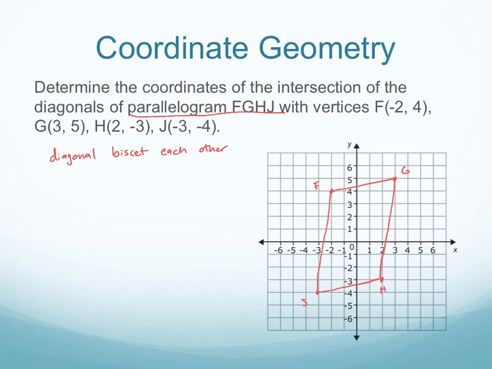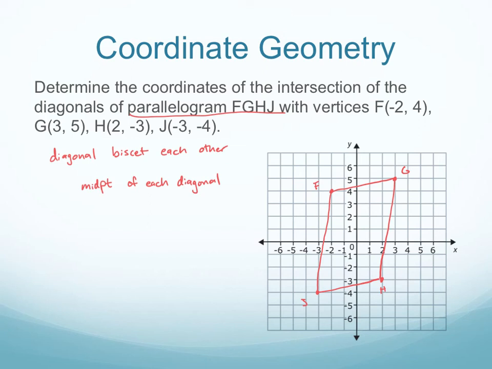Bisect looks weird. It's probably not spelled right. Oh well. Okay, so diagonals bisect each other. Now thinking in terms of graphing, that means I need to find the midpoint of each diagonal. If I do that, I'll have the coordinate of their intersection.